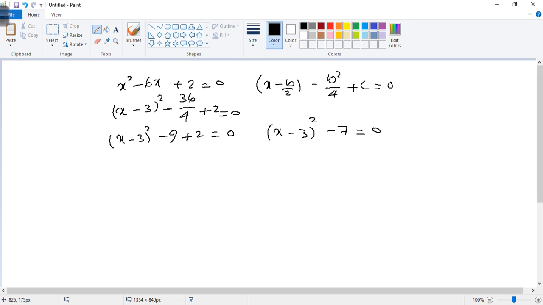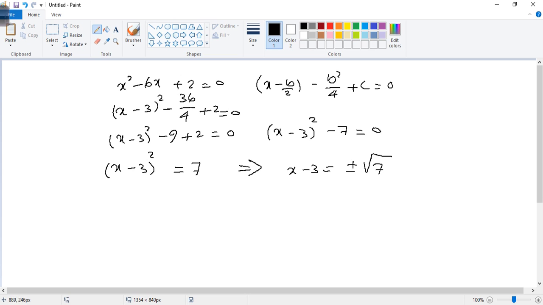Now we move the minus 7 to the right hand side. x minus 3 squared equals 7. Now we square root both sides. That will lead to x minus 3 equals plus minus the square root of 7.